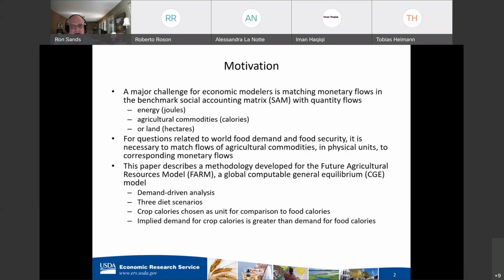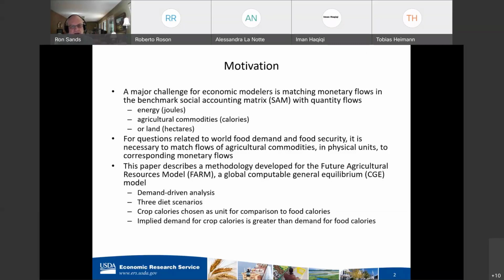I use the longer time frame for greenhouse gas mitigation studies. A big challenge is to match quantity flows, especially for energy, agricultural commodities, and land. For energy, it's joules. For agricultural commodities, you really have a choice. You could use tons.